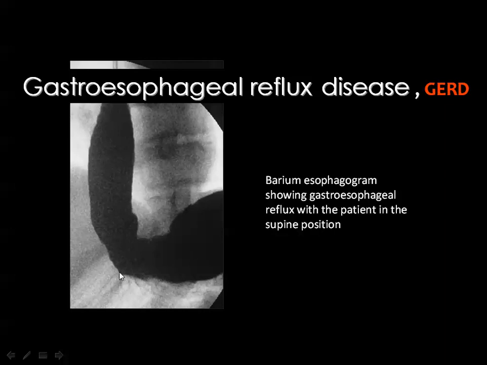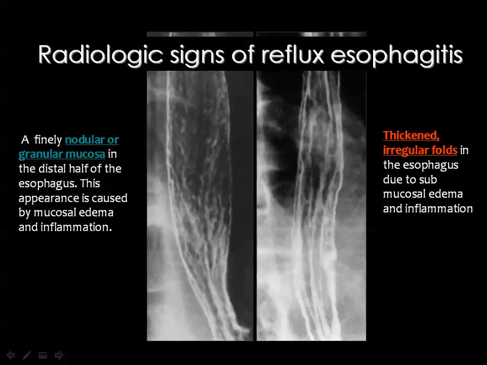There should not be any barium in the esophagus in the resting phase. But in this case, you see the esophagus is markedly dilated, and also the gastroesophageal junction is patulous, and barium passes easily into the lower part of the esophagus, and this can also be monitored under screen control.